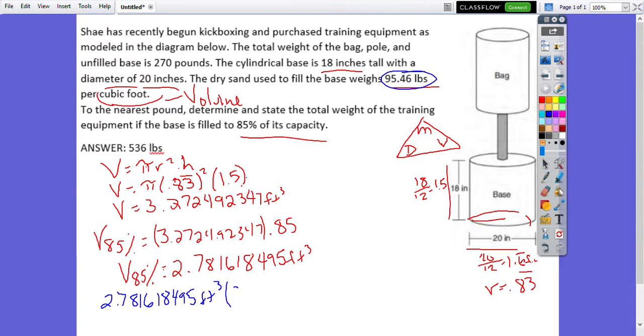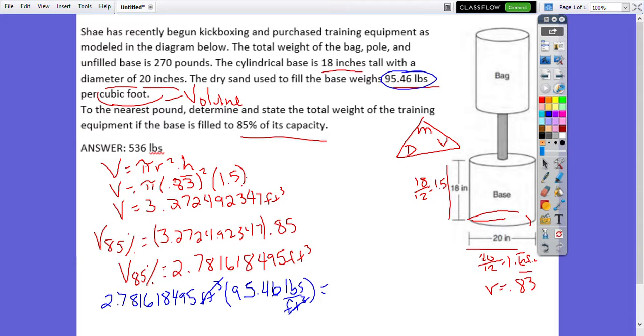We're going to multiply that times 95.46. And this number is in pounds per cubic feet. The cubic feet actually go on the bottom, that's what per means. So these cancel out, and we get left with our pounds.